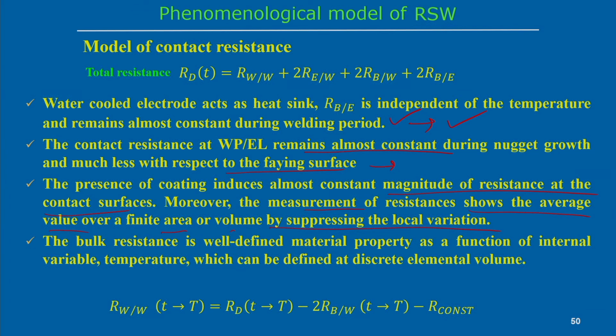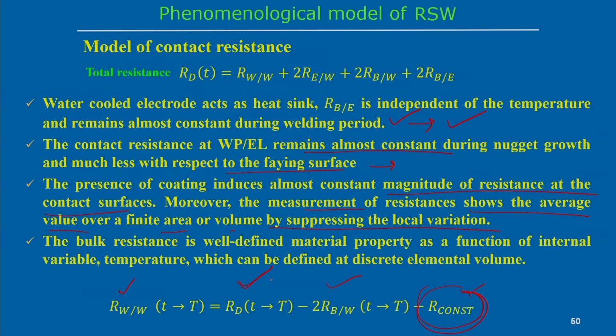Now, with this R_WW, that is the total minus the other components, this value and R constant depend on this. The bulk resistivity of the workpiece remains constant, the bulk resistivity of the electrode, and the contact resistance between the electrode and the workpiece remain constant.